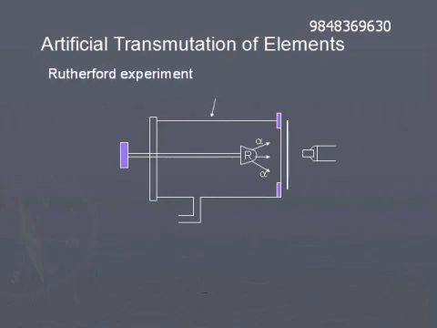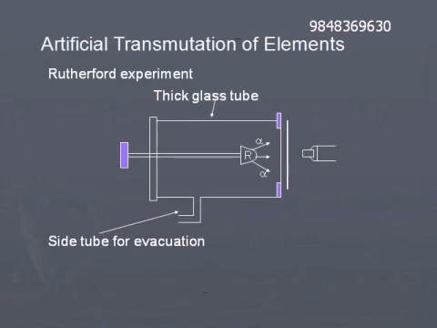The experimental setup consists of a thick glass tube. It has a side tube for evacuation and for introducing the required gas into this tube. Radium C is placed at the end of an adjustable rod which is placed from the left side.